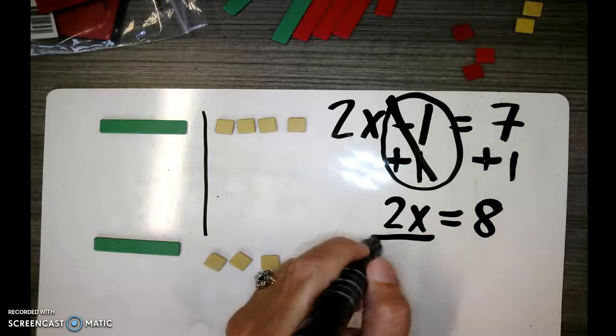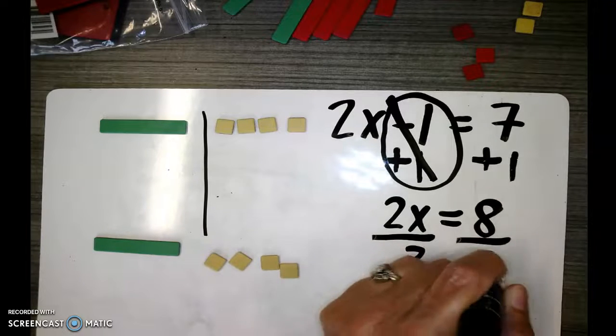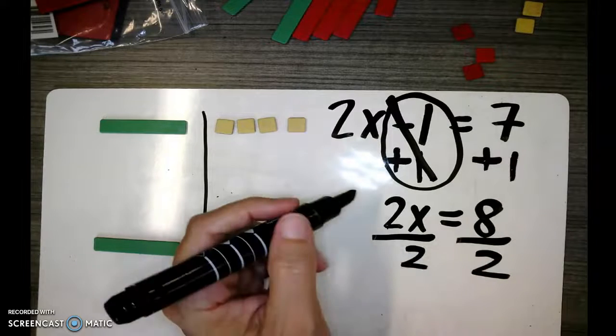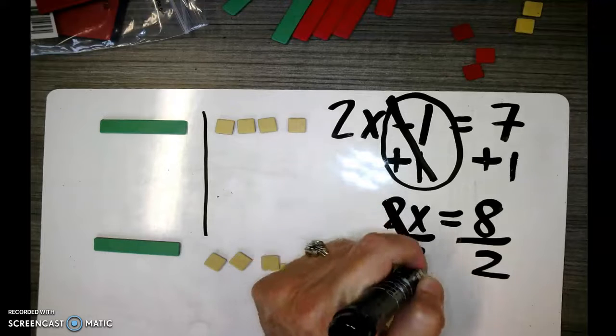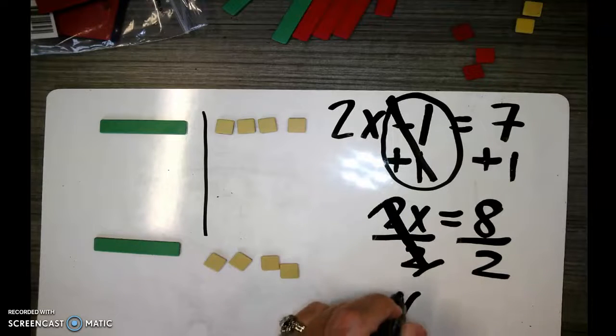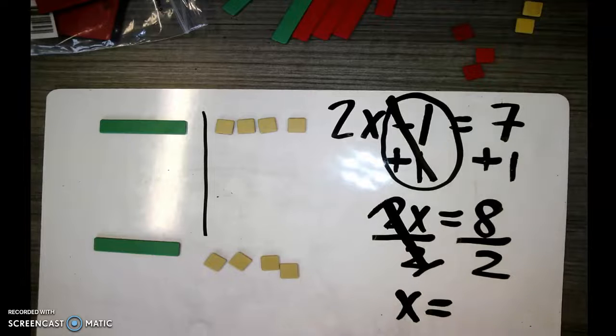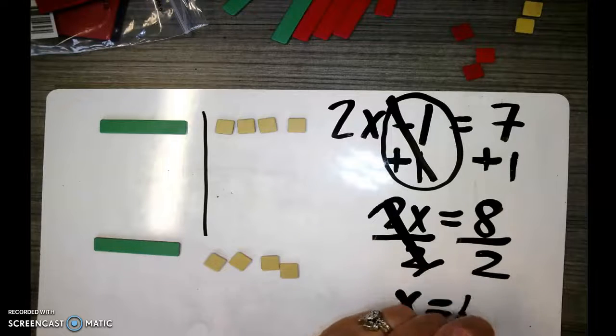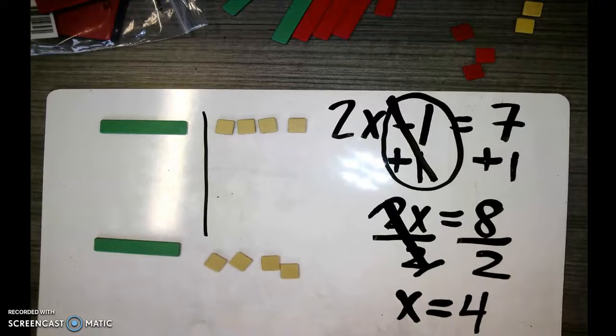And then I want to divide by 2 on both sides. 2 divided by 2 equals 1. So I'm going to make that into a 1. And that's going to be x equals, and then we have 8 divided by 2 is 4. So then I have my equation solved. X is equal to 4.